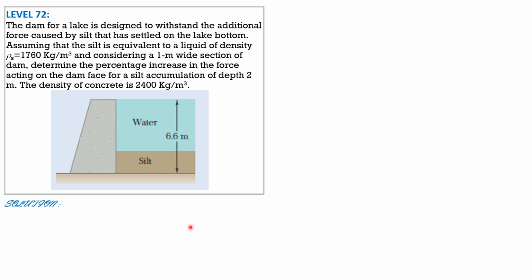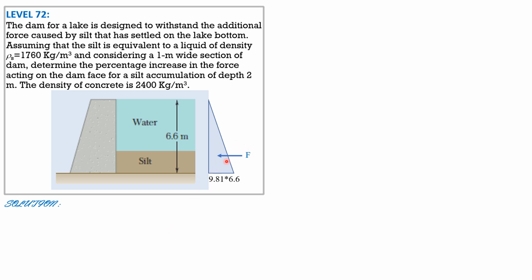So for the solution, pressure distribution when only water is present would be this. The pressure at the bottom is 9.81 times 6.6, and let's call that F. And there's no need to locate this distance 6.6 over 3 because we don't need that, just the increase in force.